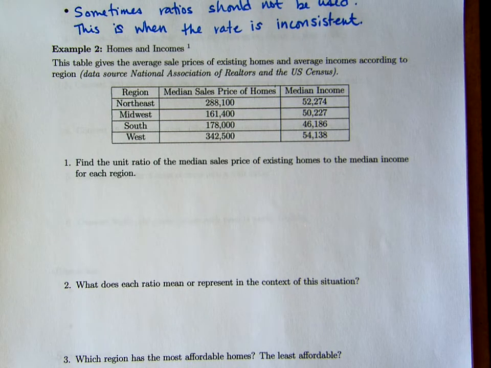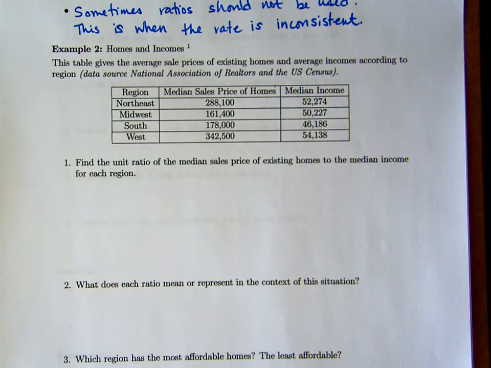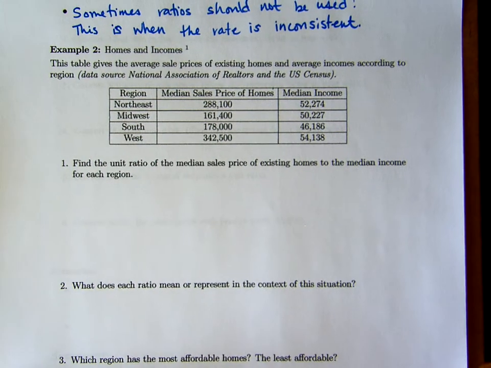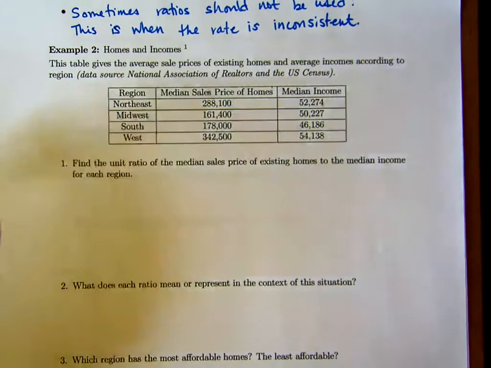Okay, here we go. It says, find the unit ratio of median sale price of homes to the median income for each region. Immediately I got out my handy calculator because I look at those numbers and I don't really see a 1 to 2 there, or a 2 miles in 18 minutes type of scenario here.